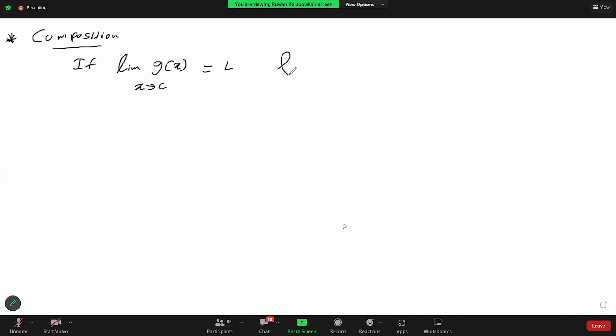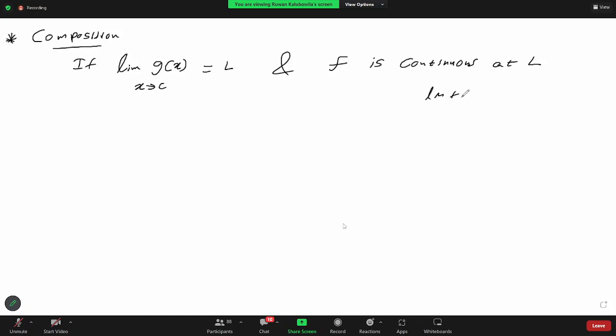And then there is another function called f, and f is continuous at L, right? Now you know f being continuous at L means you can write down lots of things.